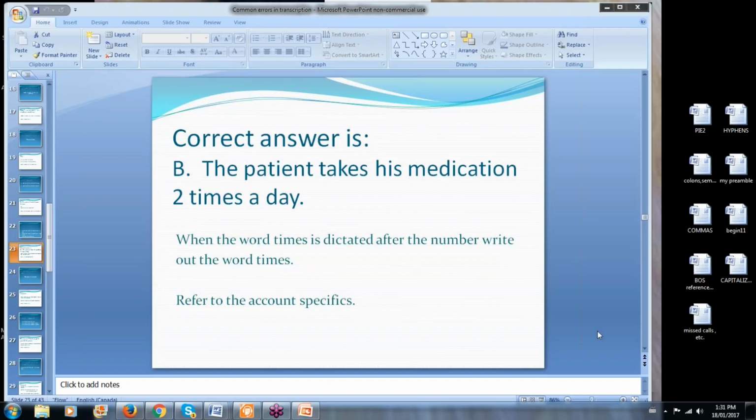So just remember, your key thing to remember is where they're dictating the word times. If they dictate the word times before the number, then you would put X2. If they say 2 times whatever, then you would write out the word times.